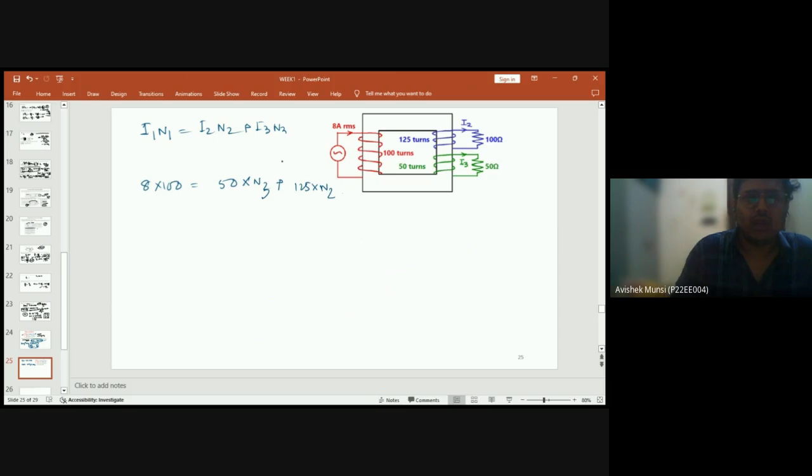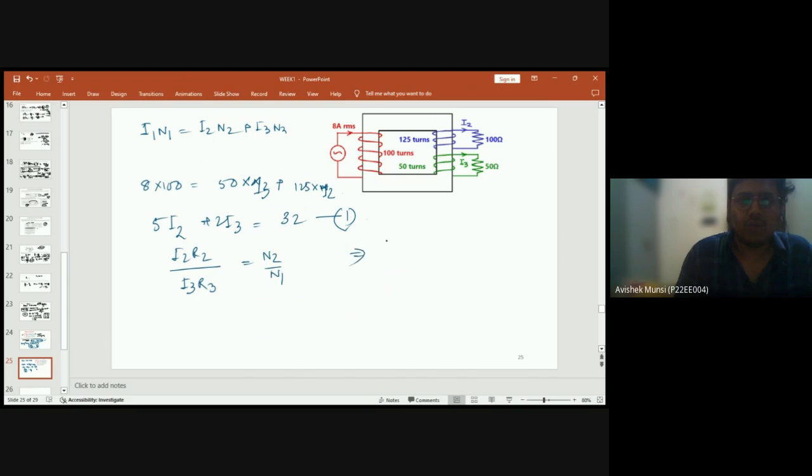Sorry, this is I3, I2. So if we divide it, we're getting equation number 1. Second equation, I said that I2R2 by I3R3 is N2 by N1.